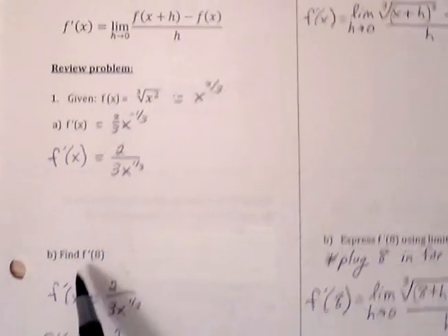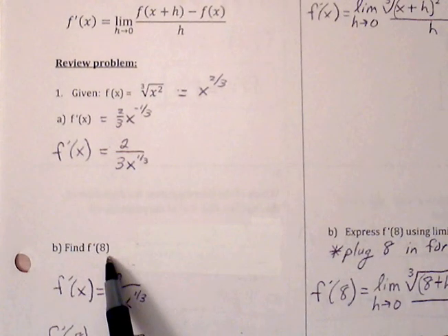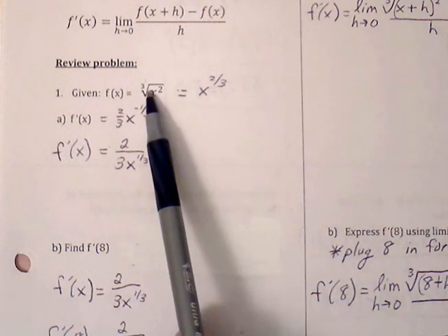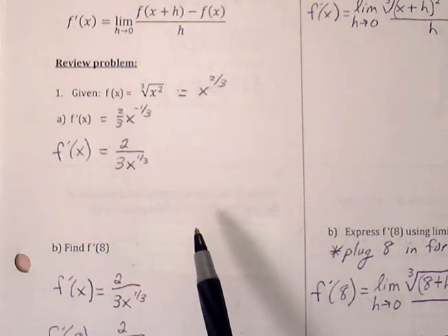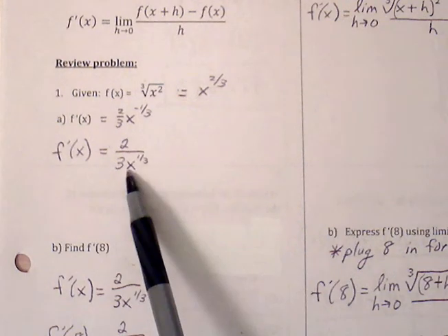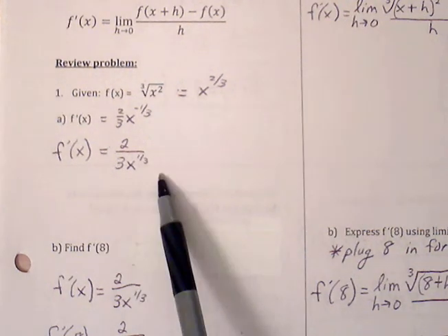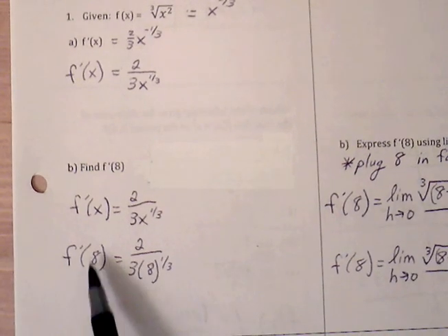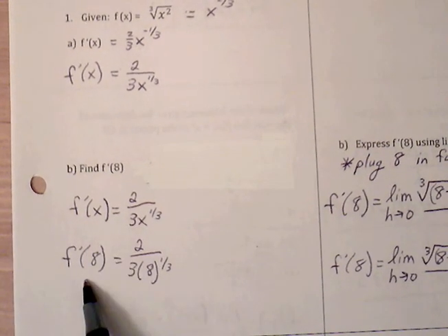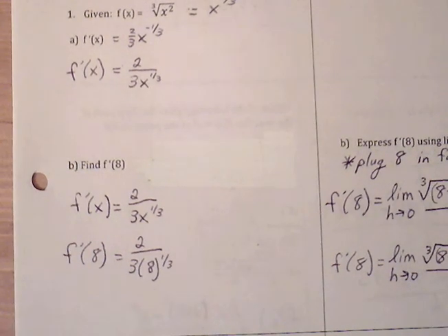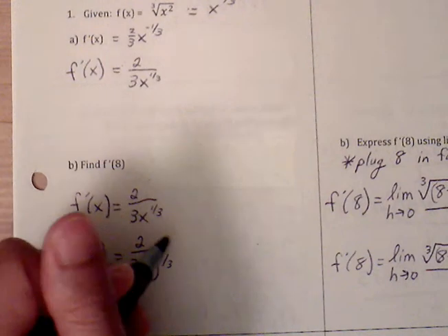Now part B, find f prime of 8. It's asking, what is the slope of this curve going to be at x equals 8? If we plug 8 into the derivative function, it'll tell us the steepness or the slope. So f prime of 8 is equal to 2 over 3 times 8 to the 1/3.